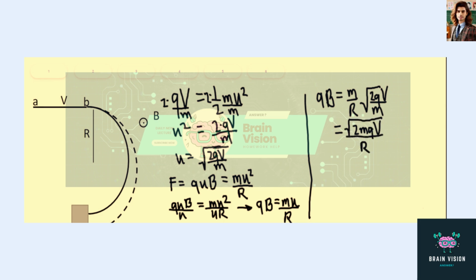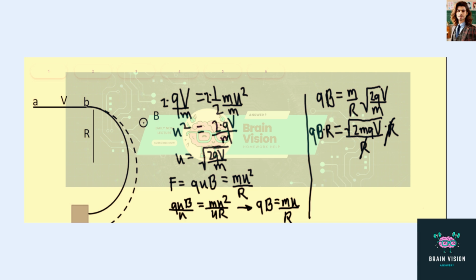There was a partial cancellation of the mass right here. So now we continue, and we can multiply both sides by the radius. And we see there's a cancellation.